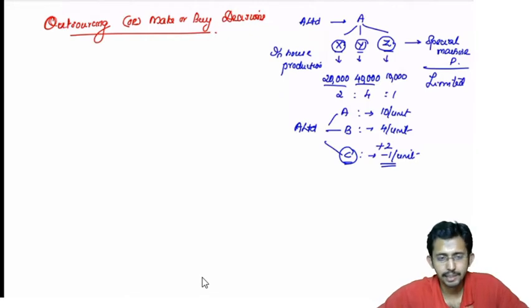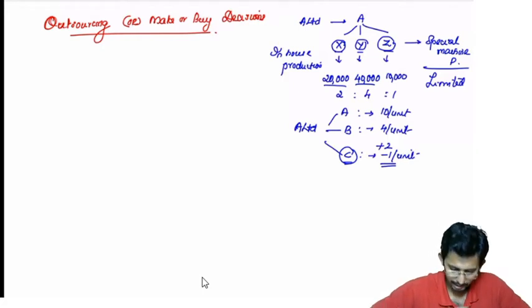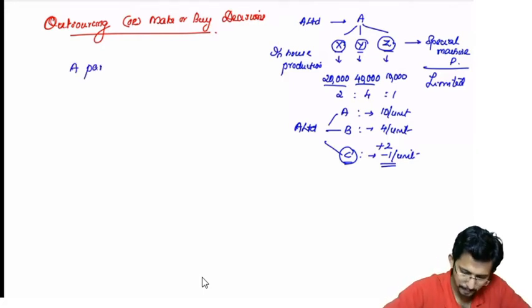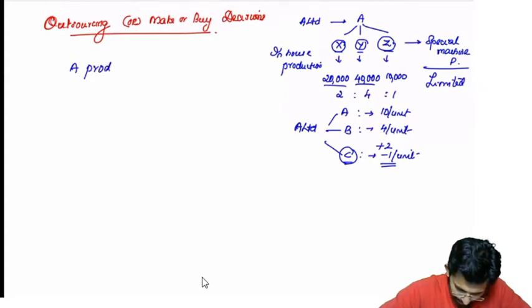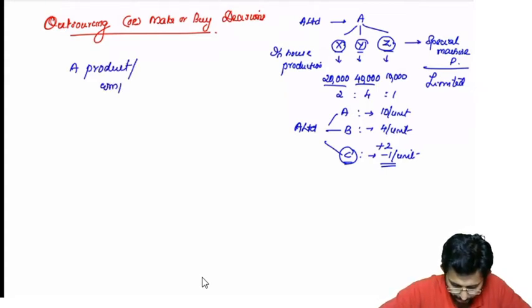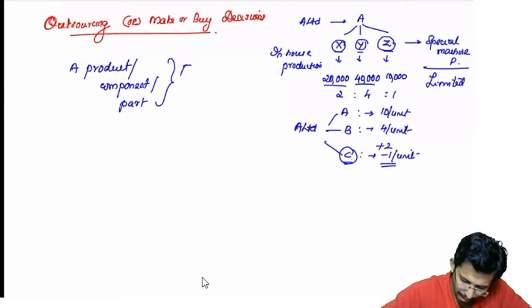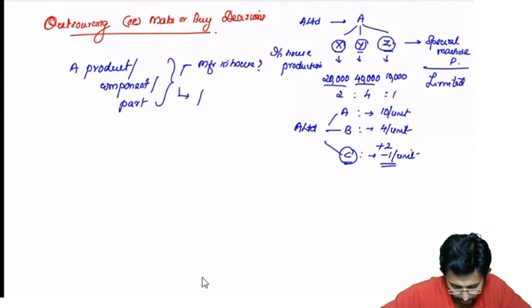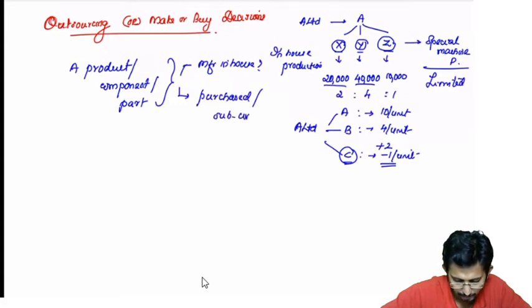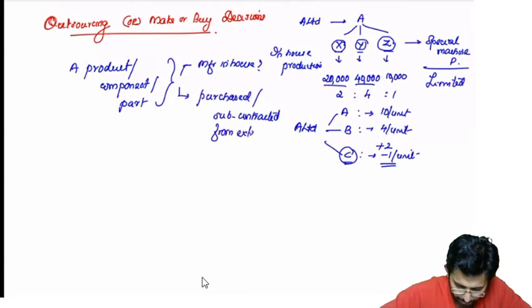So in all these situations, the management of a company or an entity will be required to take a decision whether a particular product or component or part should be either manufactured in-house or purchased or subcontracted from an external party.